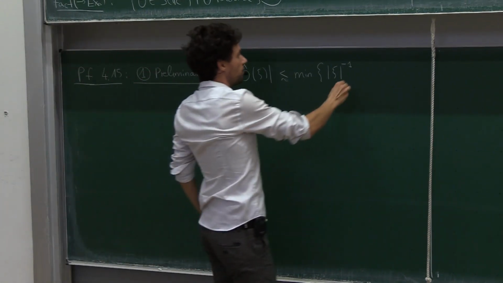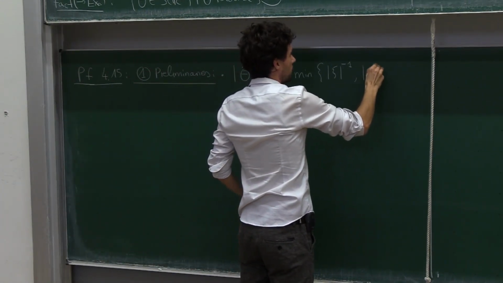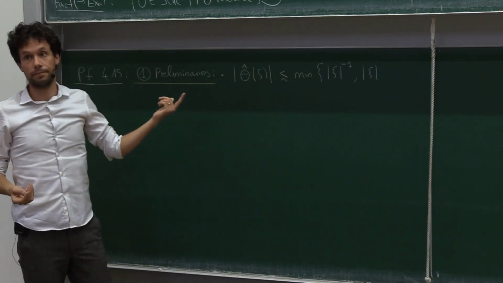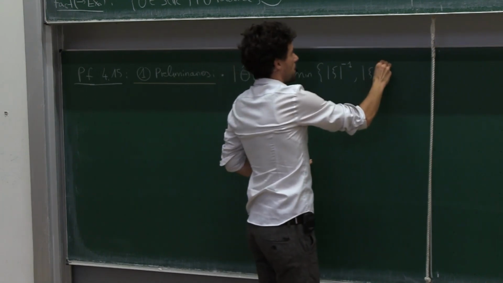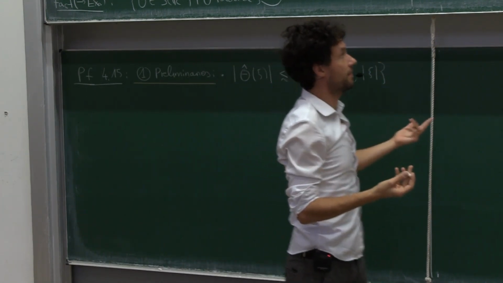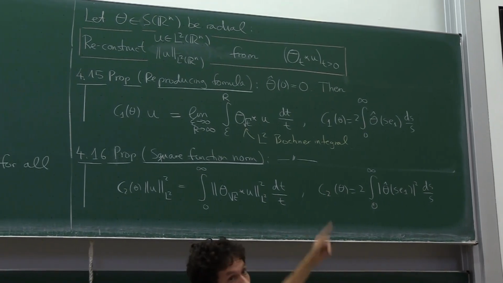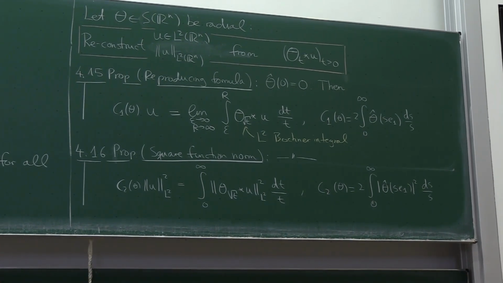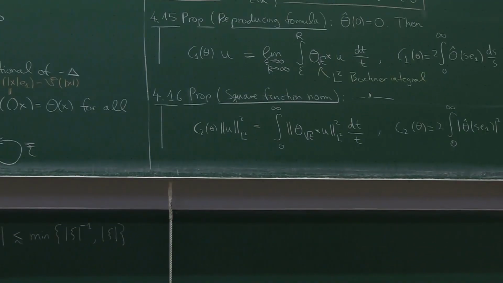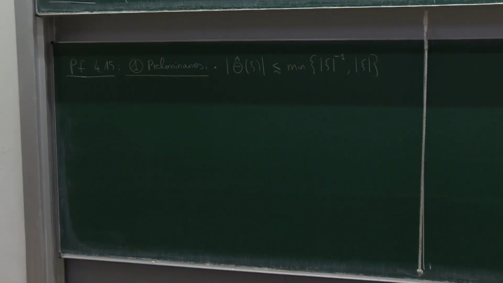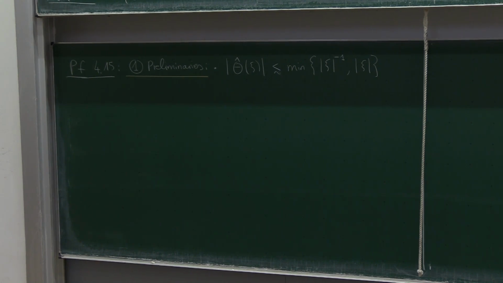So for small values of the absolute value of xi, you will have linear control over this function, just because it's smooth and it vanishes at the origin. Then for small s, the function you're trying to integrate is controlled by a constant times s, and you can integrate with respect to ds over s. So this says that the integral defining c1 of theta is okay.